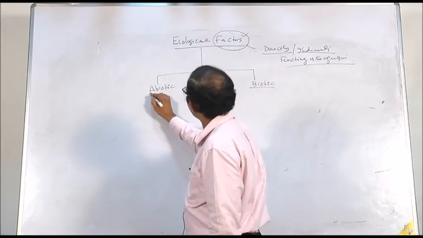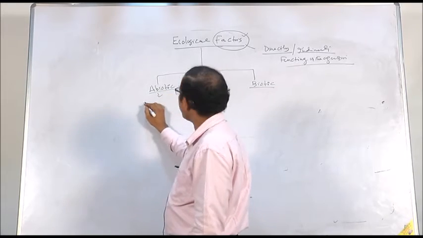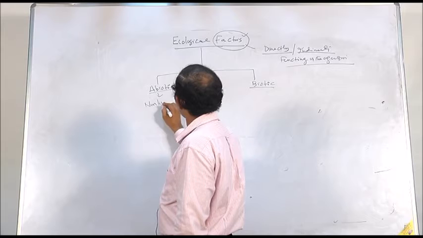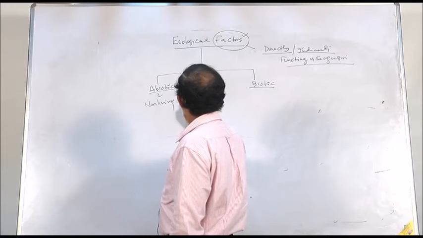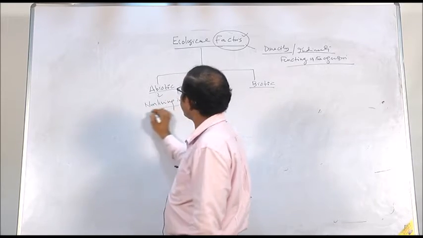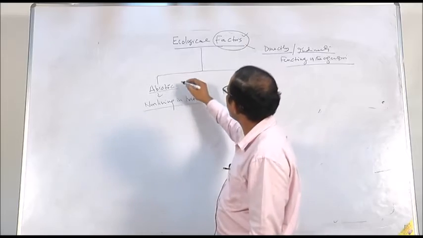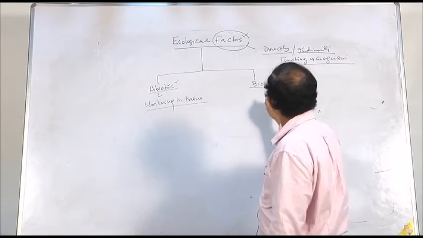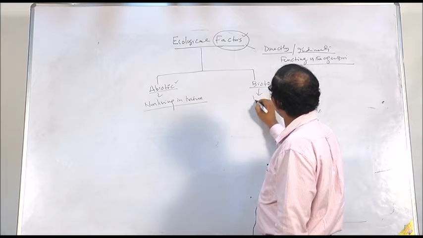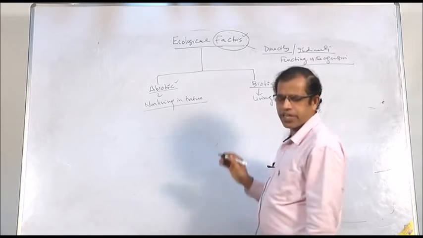Abiotic means non-living in nature. Whatever non-living entities are there come under abiotic. Under biotic are the living creatures.